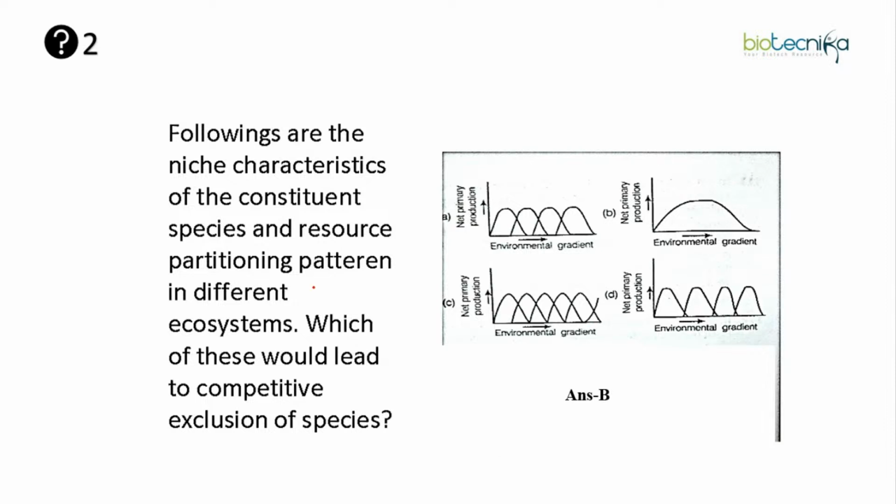Okay, now see, they have clearly told you that the following are the niche characteristics of the constituent species and resource partitioning pattern in different ecosystems. Which of these would lead to competitive exclusion of species? That means here you can see that the different niches are overlapping. The niches of the species are overlapping, right?